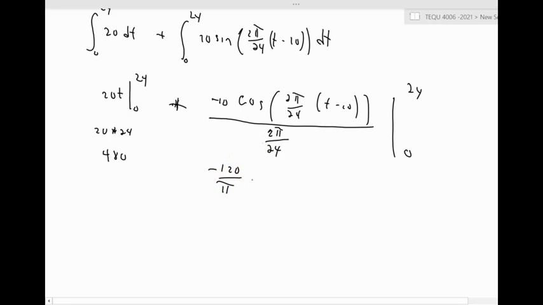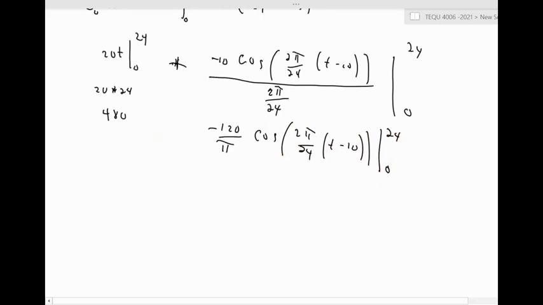And what I need to do now is evaluate cosine of 2 pi over 24 t minus 10, and evaluate that between 0 and 24. We are almost done. I'm kind of curious. This has some periodicity, so it means that somehow one area is identical to the other, but with a different sign.